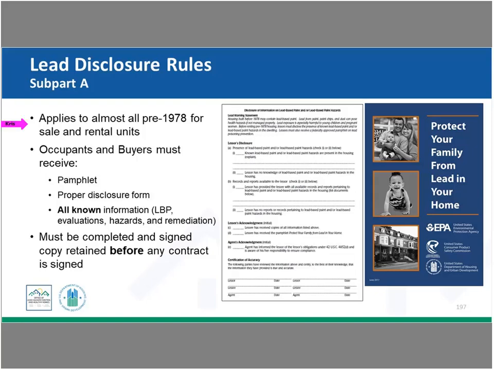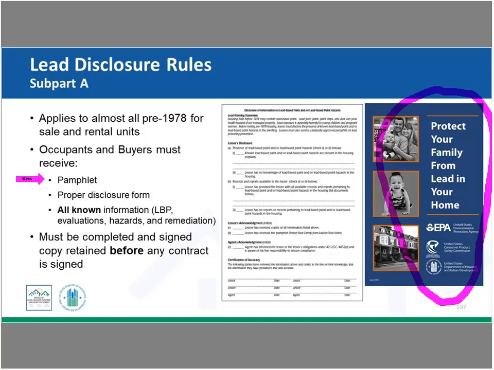It is going to apply to almost all pre-1978 for-sale and rental units unless they're exempt. The occupants and the buyers have to receive the pamphlet, and the pamphlet I'm referring to is the Protect Your Family from Lead in Your Home pamphlet. It's available in multiple languages. You can get this from the HUD website.